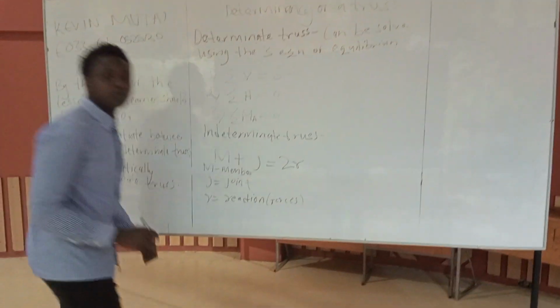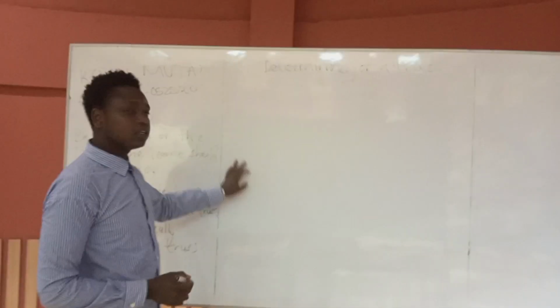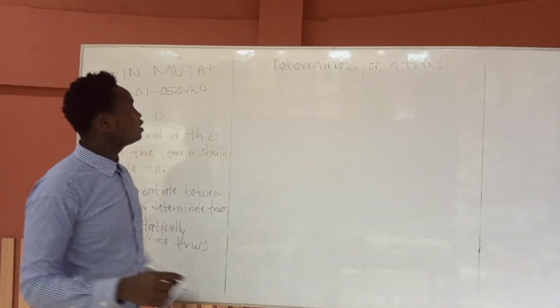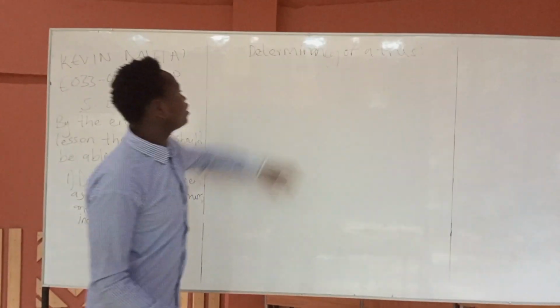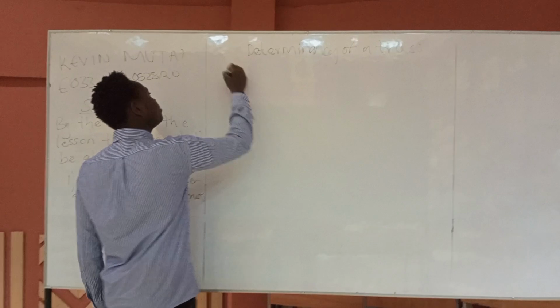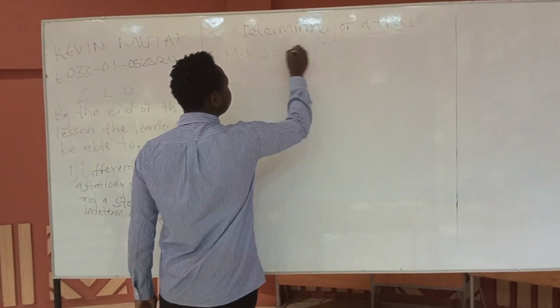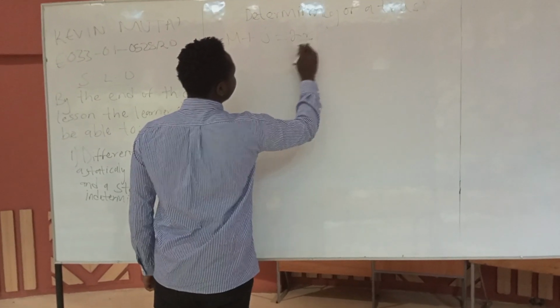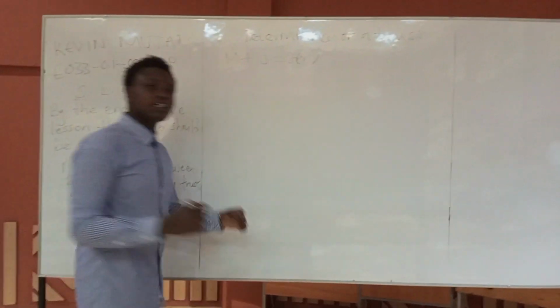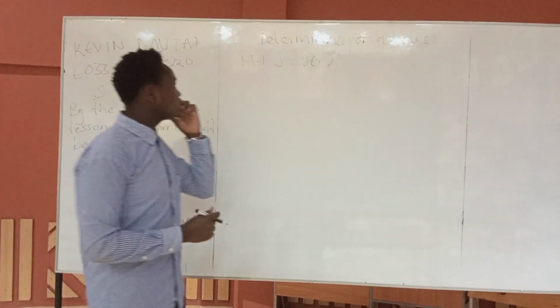We've already written the formula, which is members plus joints is equal to 2 multiplied by the reactions, the forces which act on the given truss.